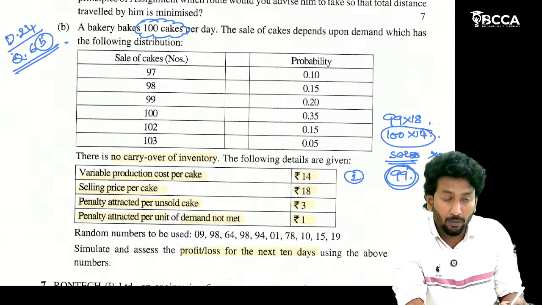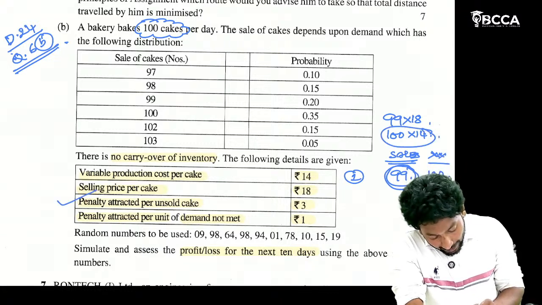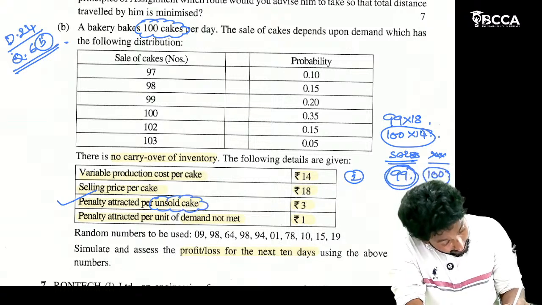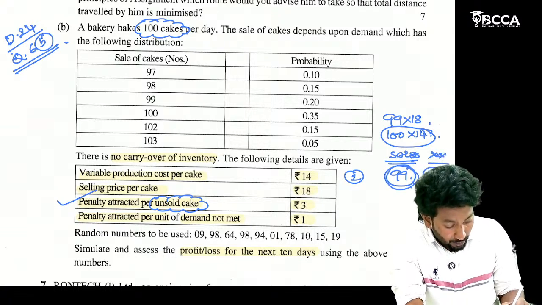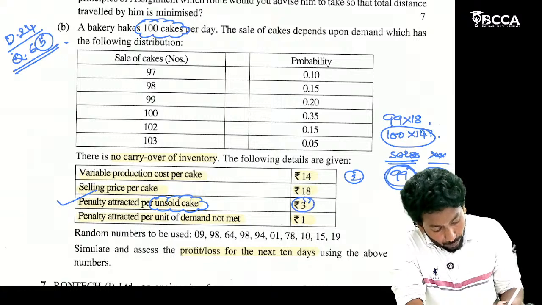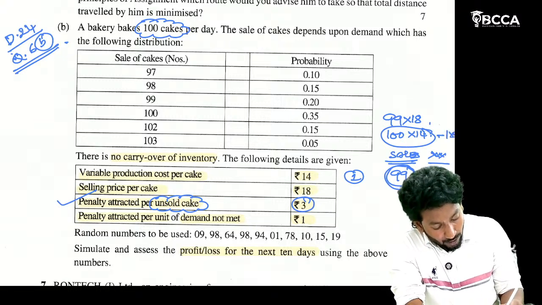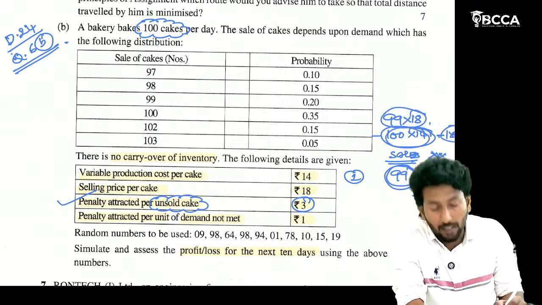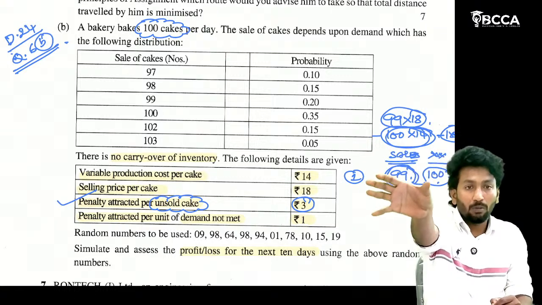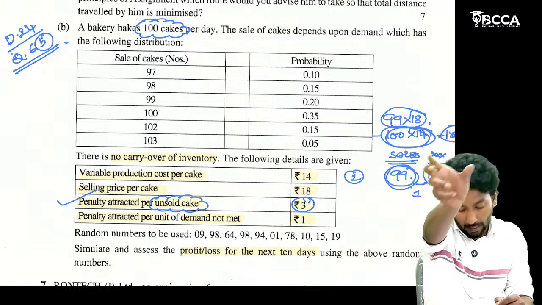Along with this we have the penalty attracted for unsold cake. Here we have produced 100 cakes but only 99 units are sold. That means for that one unit left, we will have a penalty of 3 rupees, so minus 1 into 3. Revenue minus variable cost minus penalty cost.